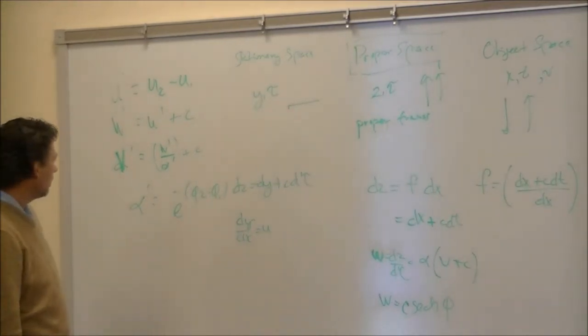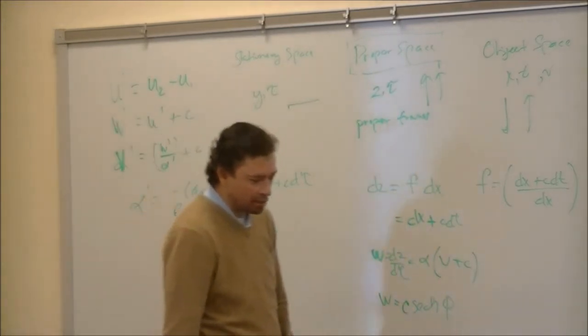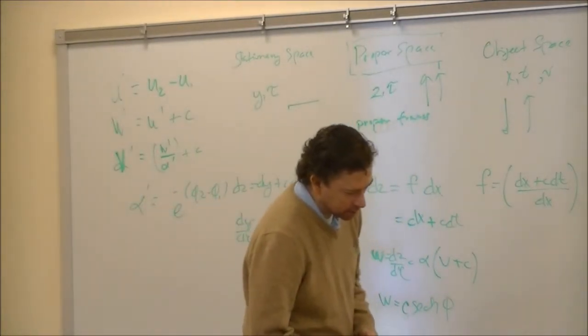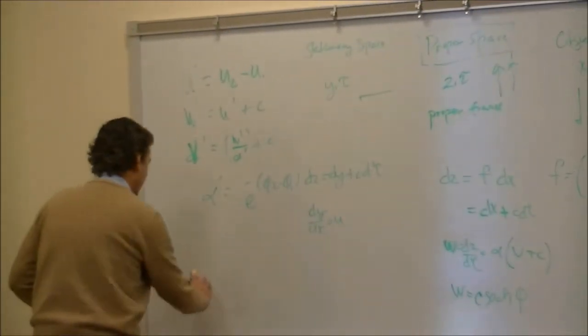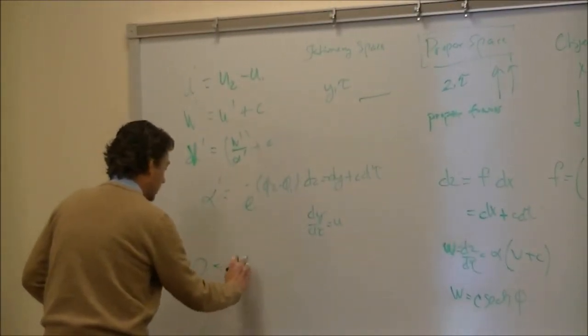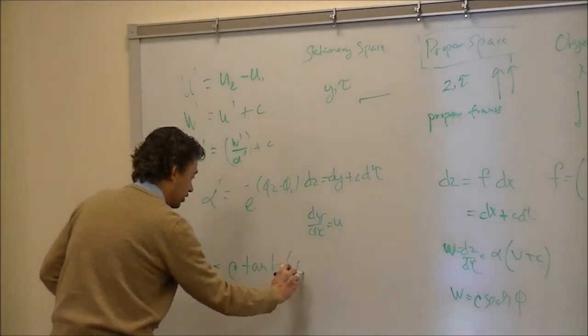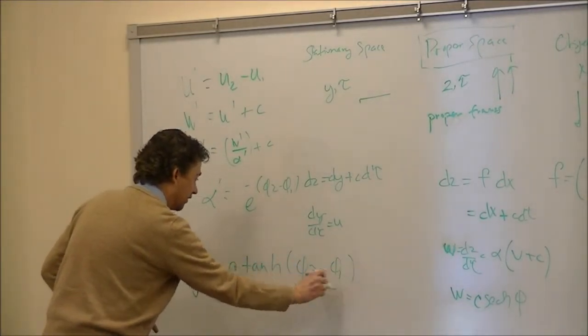So, given all these things, you can put all this together and you will end up with a rapidity c times tanh of phi2 minus phi1.